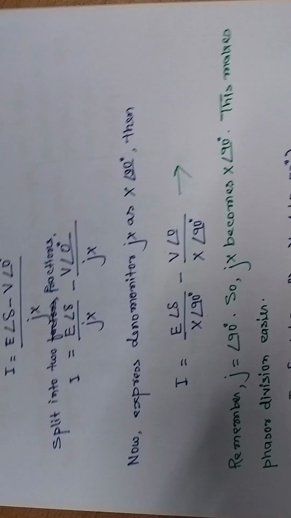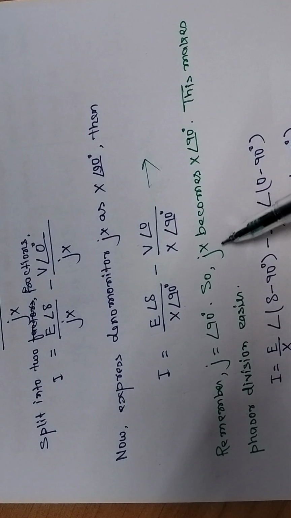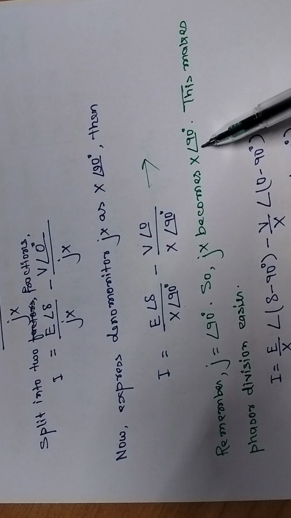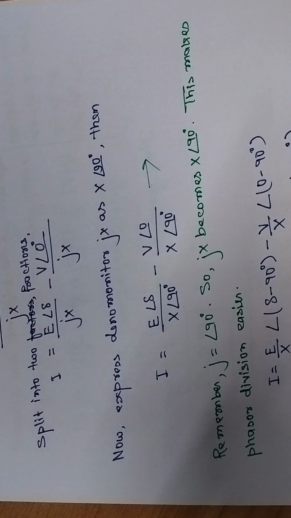Remember that j equals angle of 90 degrees, so jX becomes X of angle 90. This makes the phasor division easier.